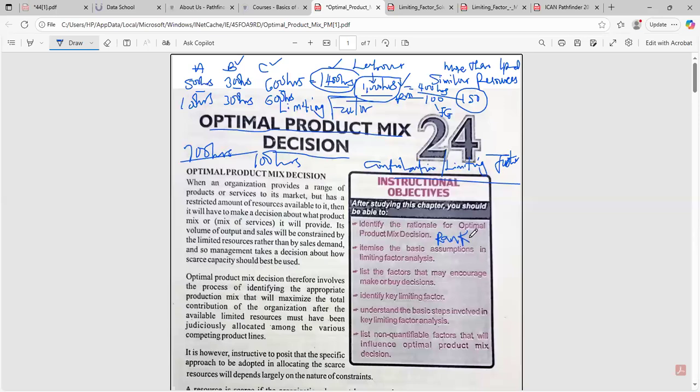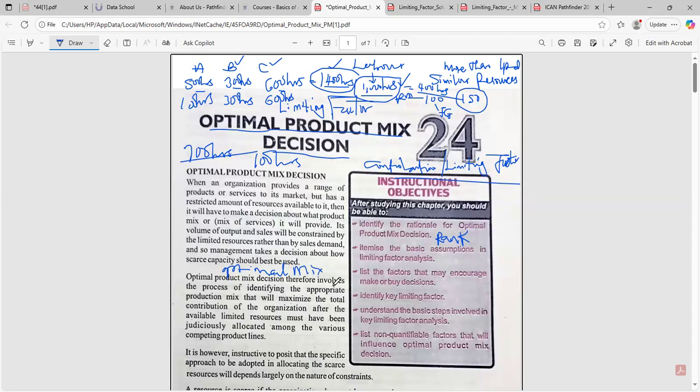When you are done with that, step number 4: allocate the scarce resources. Some of my students call step number 4 the optimal mix.